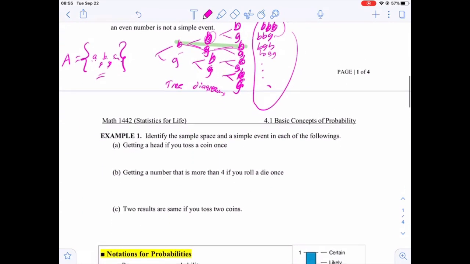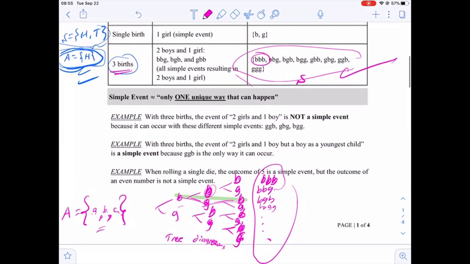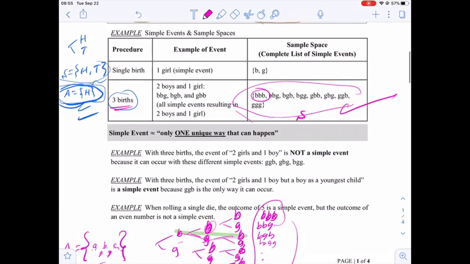Okay. Now, if we are interested in an event, for example, having 2 boys and 1 girl, as you can see here, this is the sample space, and we have 2 boys and 1 girl here, here, and here.